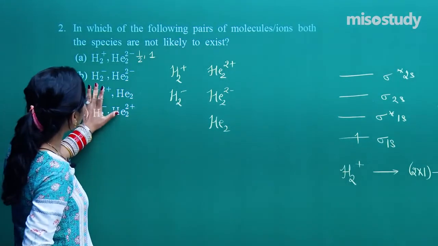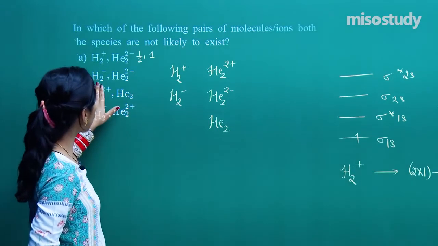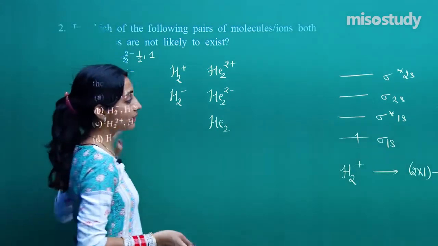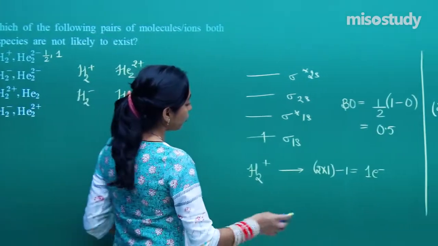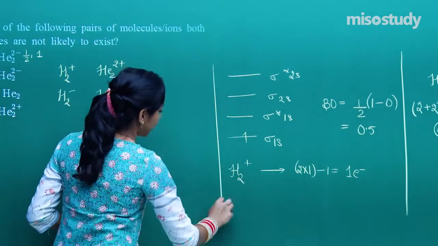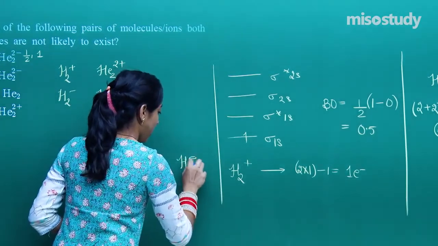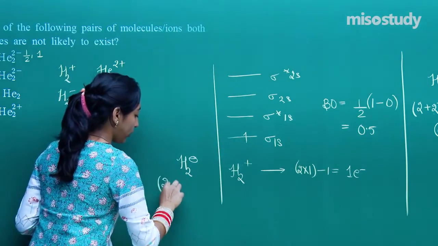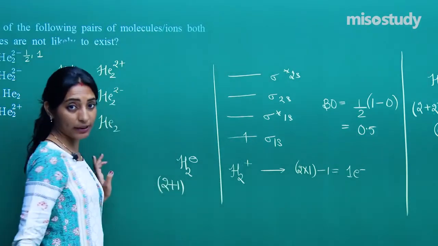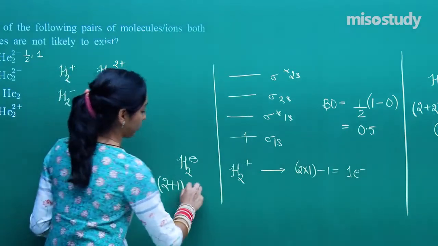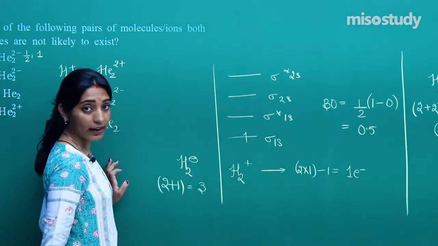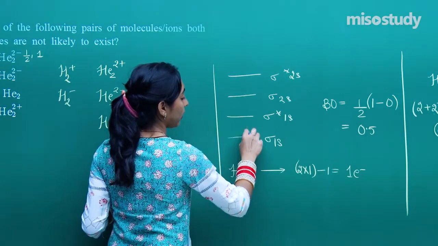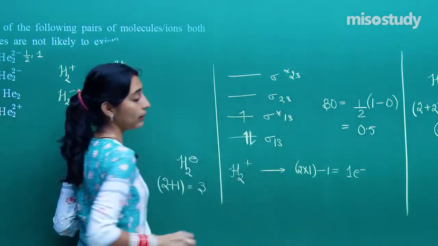Moving on to the second option, option B, where H2 is there with a negative sign. How many electrons will be there? 2 electrons should already be there, and 1 more has been added, so a total of 3 electrons. How do we fill 3? 1, 2 and 3.